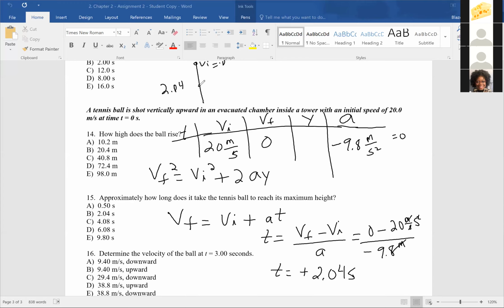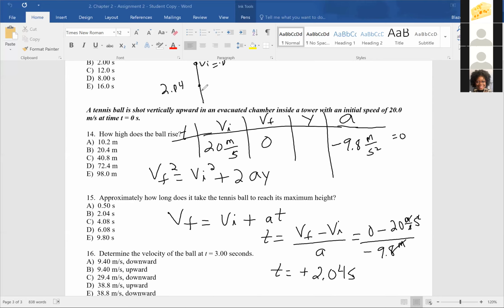But I've already spent 2.04 seconds going up. So 3 seconds later means I've got to subtract 3 minus 2.04. That's where it is at 3 seconds. And then I can find out how fast it's going in that amount of time.